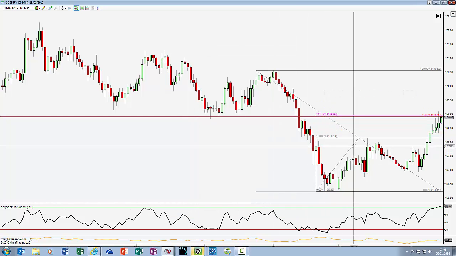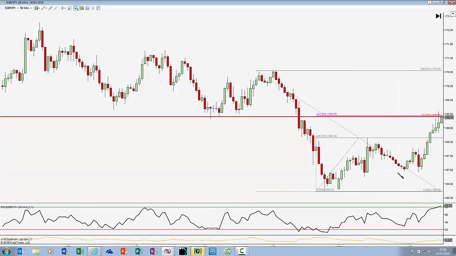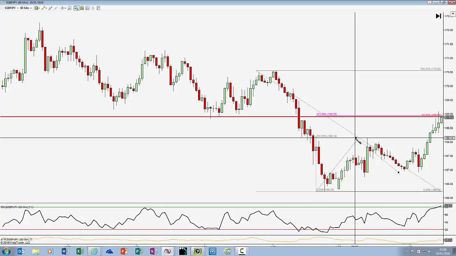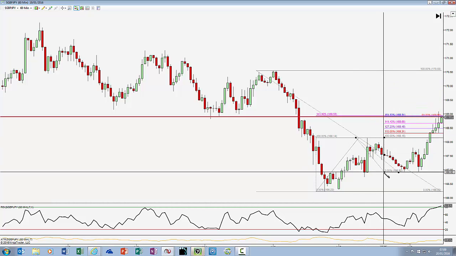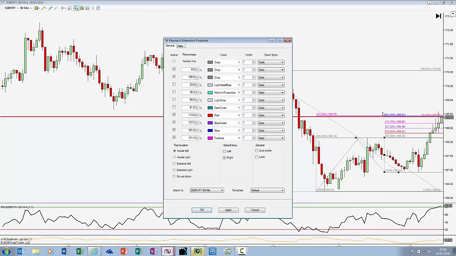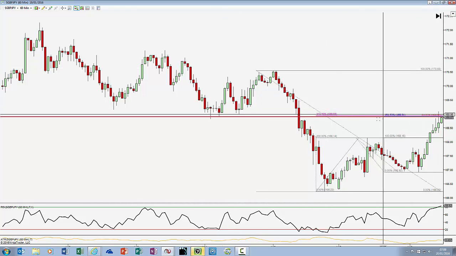Now, one other thing that we use in the live room is a Fibonacci inversion measurement, which would be from the most recent swing low to the previous swing high, and you can see that we got a 1618 up there as well, all within 2 or 3 pips of each other. We've got Fibonacci confluence, we've got previous structure looking left.